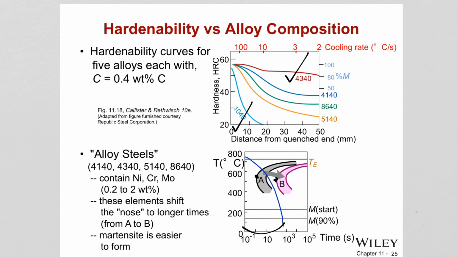Normally you need to cool quickly at position A, but since A moved to B, you can cool a little bit slower but still have martensite in the structure. Therefore slower cooling rates will even result in martensite. So for these alloy steels, one of them is 4340 here, you can preserve the hardness as you move away from the quenched end.